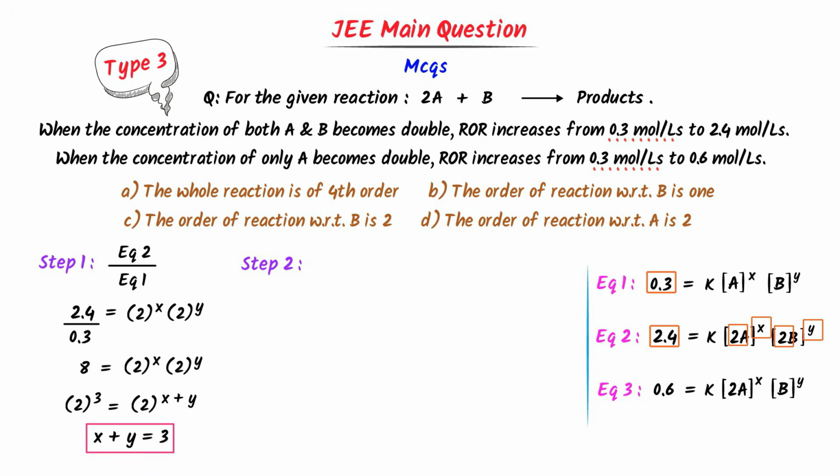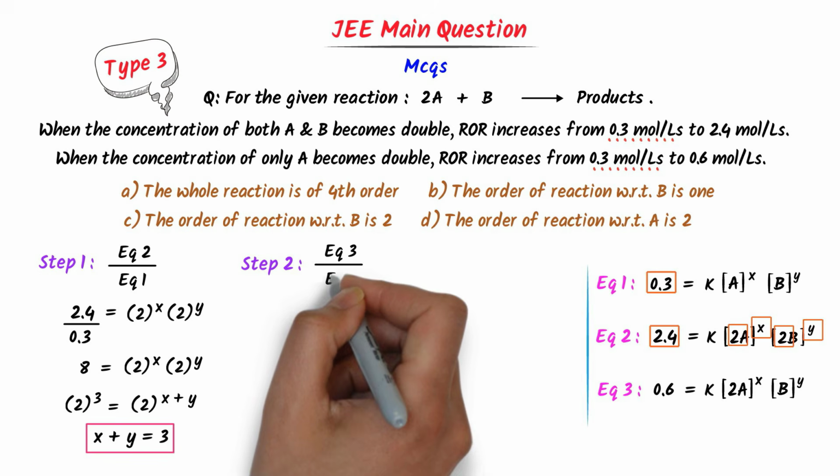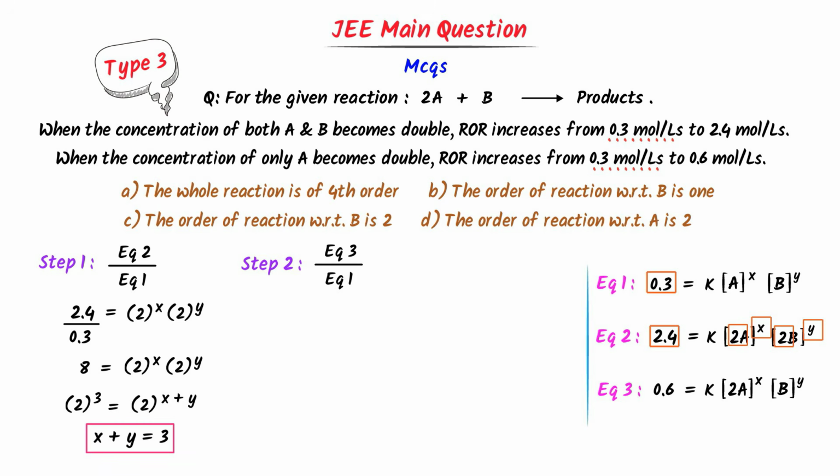In the second step, I divide equation 3 by equation number 1. In the third equation, the numerical values are 0.6 and 2 raised to the power x. I write 0.6 is equal to 2 raised to the power x. While in the first equation, the numerical value is only 0.3.